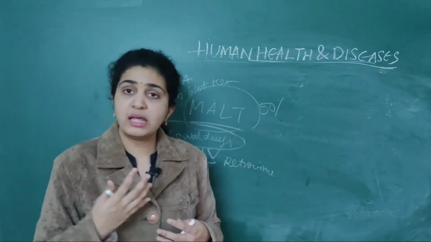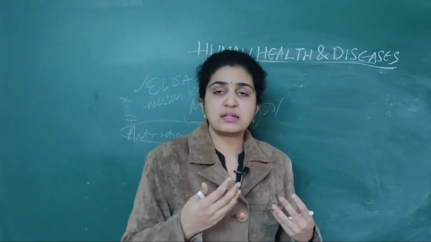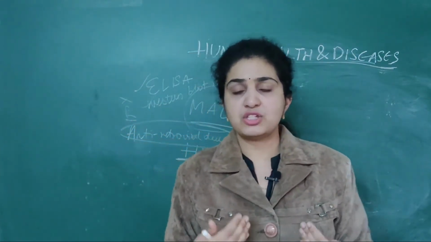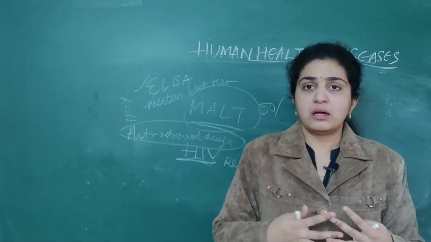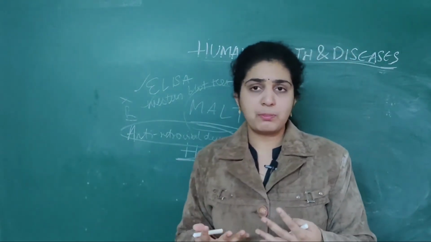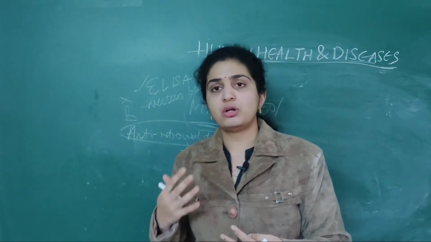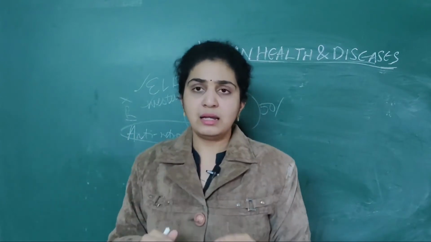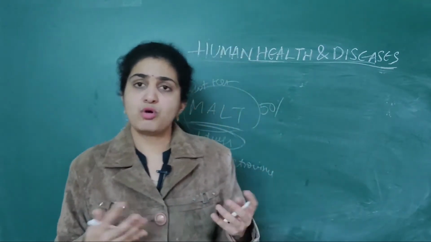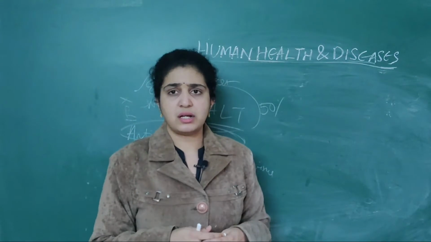Almost it takes 5 to 10 years for a person to understand that he was suffering from HIV, and those symptoms also will not appear very fast. After 5 to 10 years, slowly he'll get these symptoms. What are the symptoms which are associated?